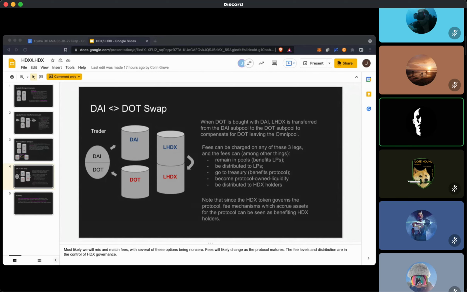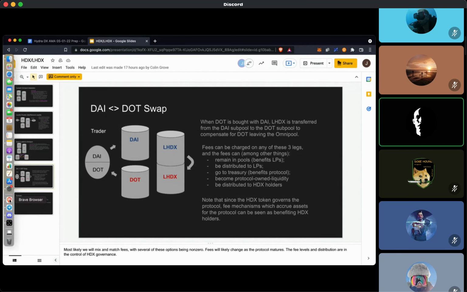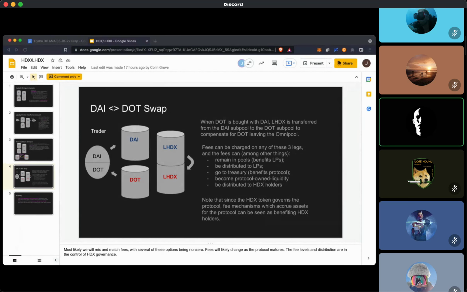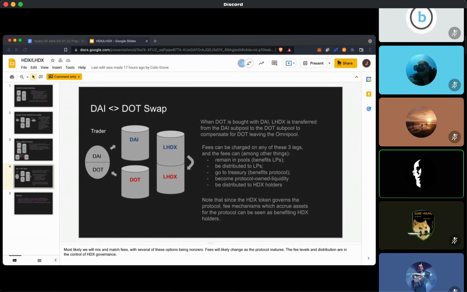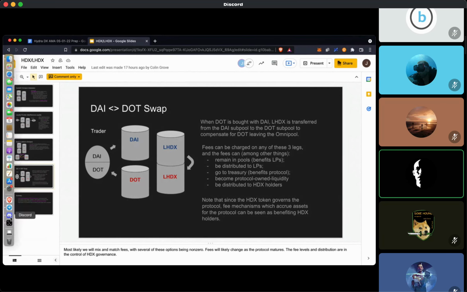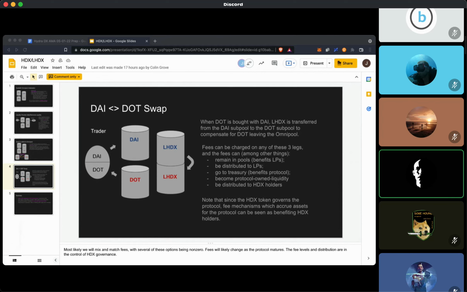Most likely, what will wind up working best is a system in which LHDX accrues some value and HDX accrues value. But that'll be in the long run, as things evolve, decided by HDX holders, as they can vote to set these fees at the levels that appear to work. So that's my summary of this.